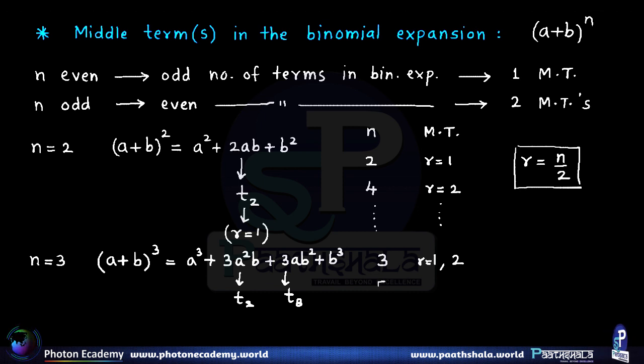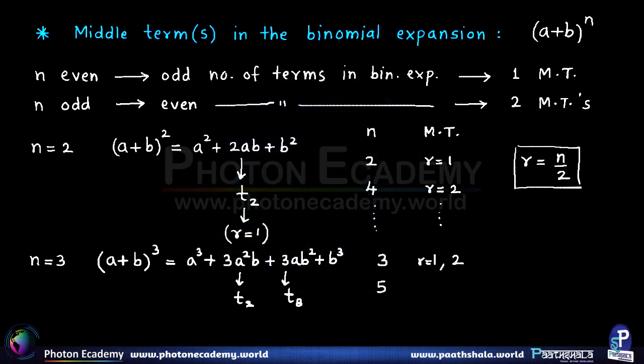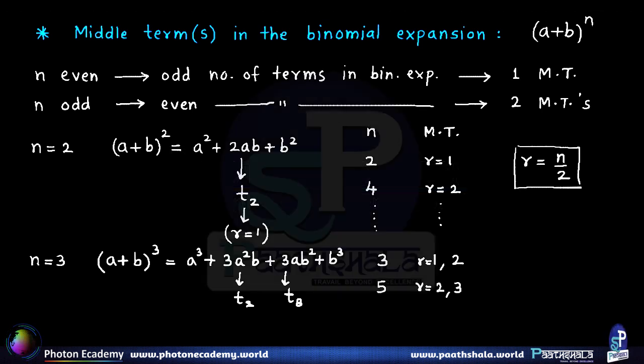Now when we have n equal to 5, which is again an odd number, it will have 5 + 1, that is 6 terms in the expansion. So in that case, we know that for the 6 terms, it will be the third and fourth term which come in the center. So for the third and fourth term, the corresponding values of r are 2 and 3. So when n is 5, we want r as 2 and 3.